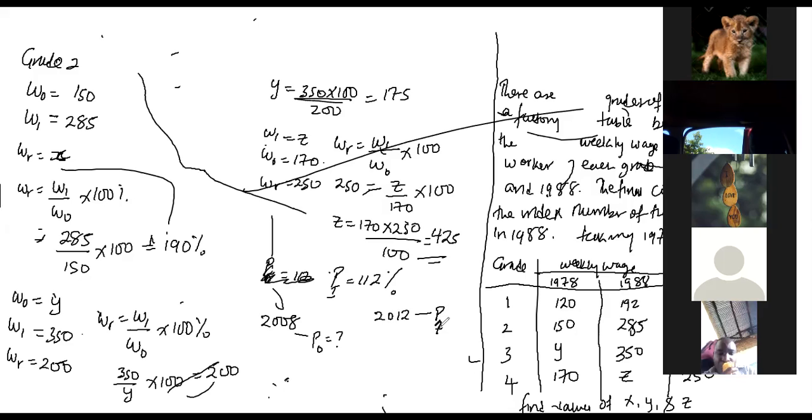Let me call it P1. So P1 is behaving as the base year in 2014. The price relative, let me call it PR prime, was 85%.